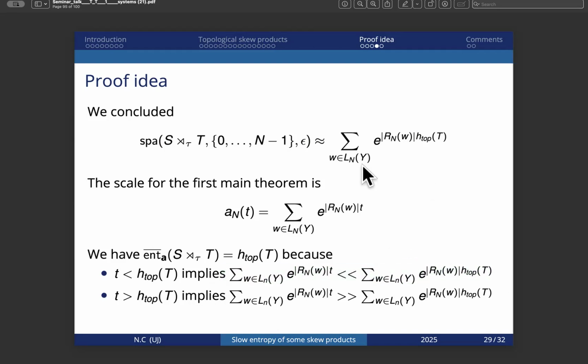Now imagine, I think it is impossible, but imagine that you have a full shift. The language has cardinality 2^n. And imagine that all words except one word have range 2. So the configurations would be periodic and these ranges would be bounded except for only one word. In that case, that kind of ruins the computation.